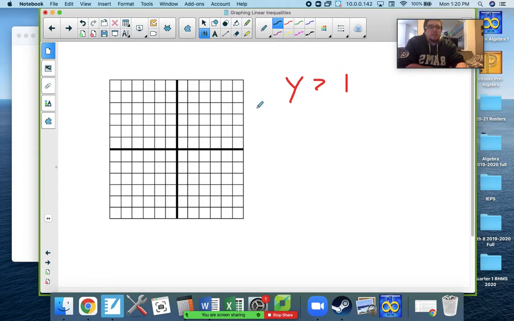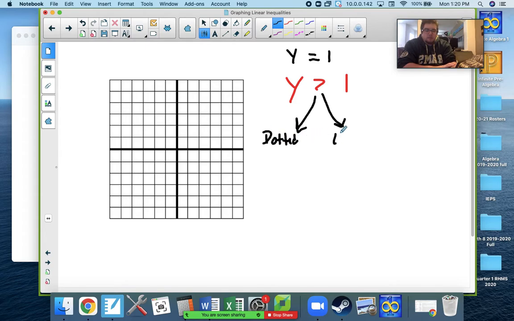We're going to graph this line exactly how we would graph y is equal to 1. So y is equal to 1 is a perfectly flat line right here at 1. But this symbol right here asks us, should I draw a dotted line or a solid line?